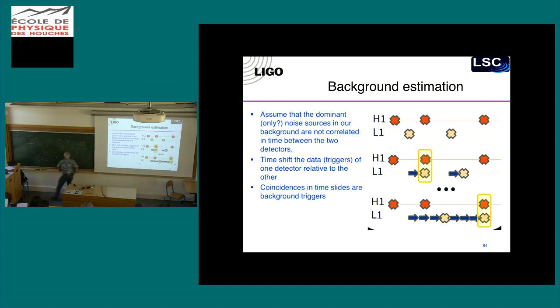Here is our template bank, M1, M2. Here's all of our templates. A signal over here will bring up this template a lot. And remember those ambiguity ellipses? It'll ring up these templates a little bit less, and these templates a little bit less, and these templates a little bit less. And it probably won't ring up these templates very much at all because they're different frequency content.